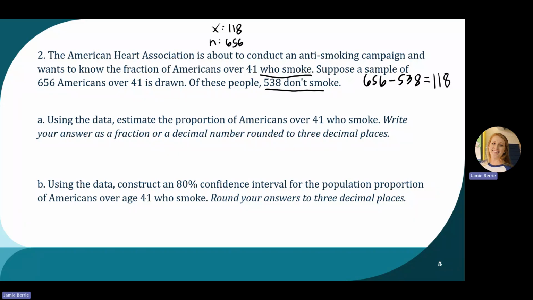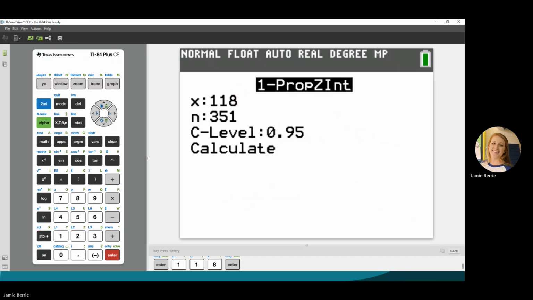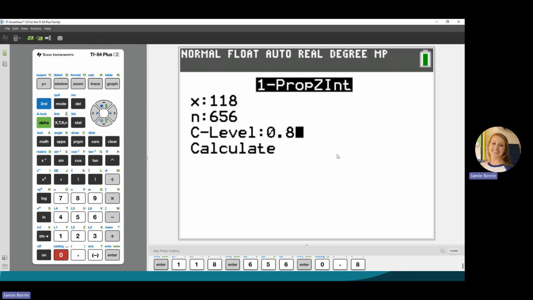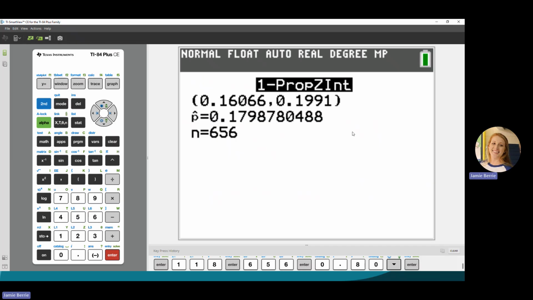Yes, it was. 656. And then 80% confidence interval this time. All right, go down to calculate, hit enter, and there we go.